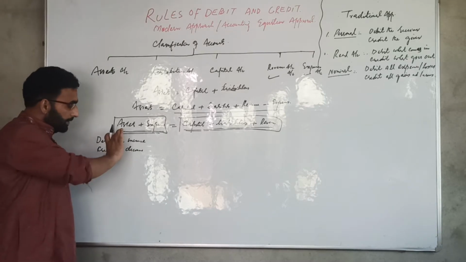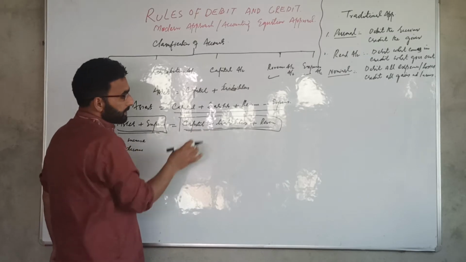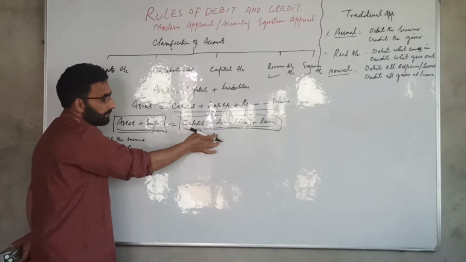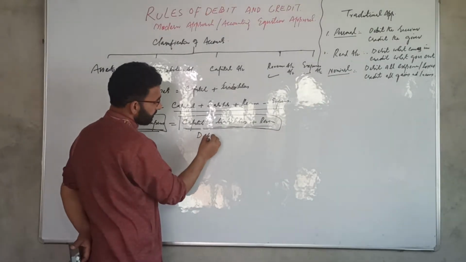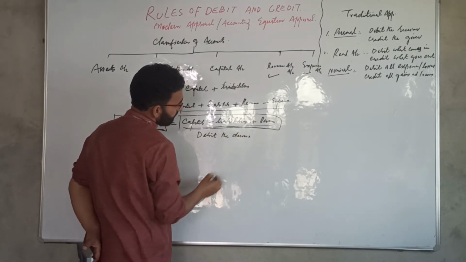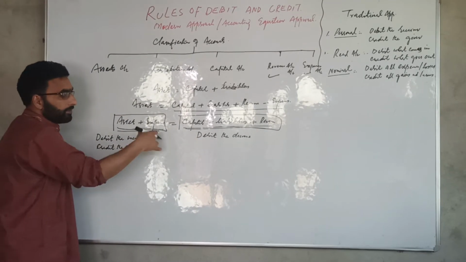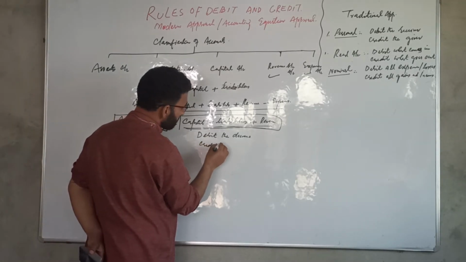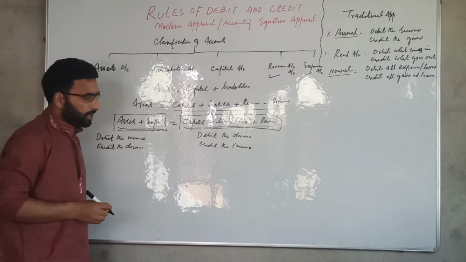Now for these three terms it is opposite: debit the decrease and credit the increase.